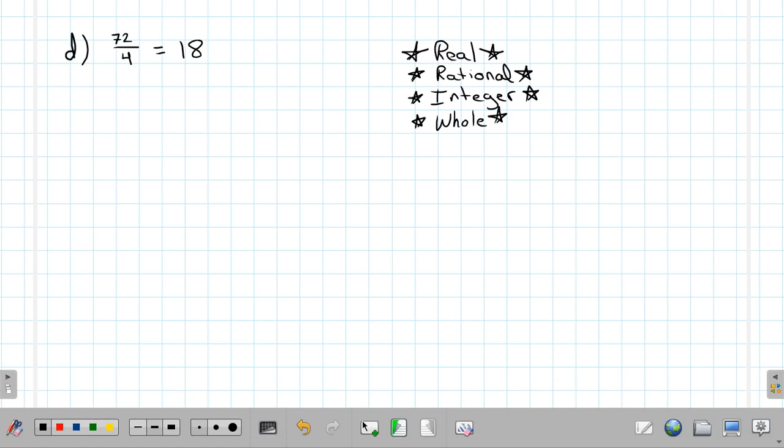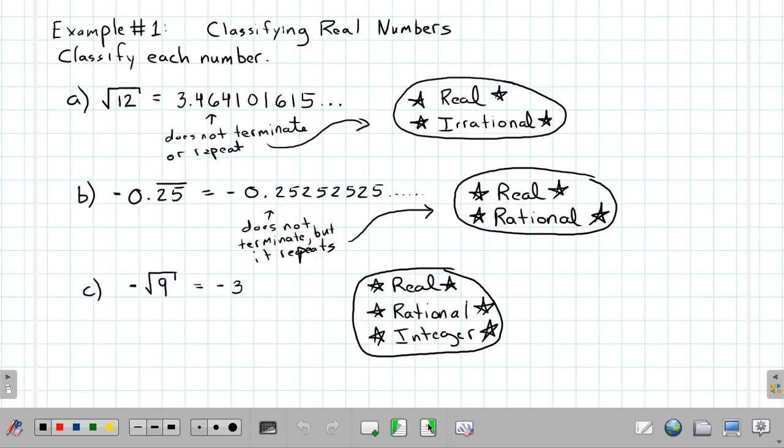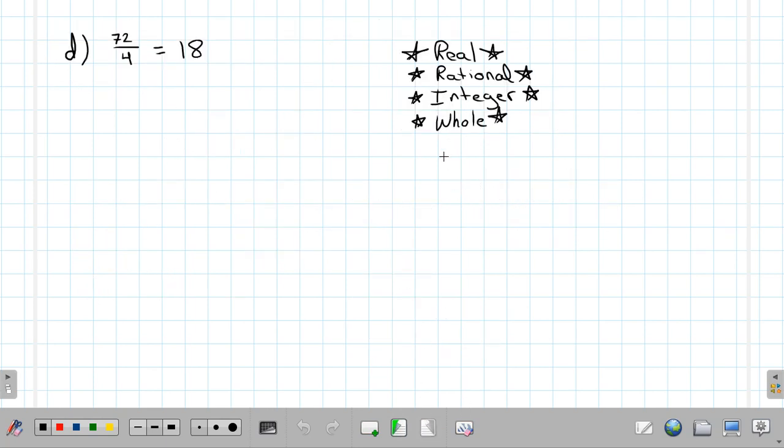And then the last thing we need to check, well, is it a natural number? Well, natural numbers are also numbers you can count to. So, in this case, it's actually also a natural number. So actually, this type of number, so the number 18 and the number 12 and the numbers 2 and the number 57, okay, those are actually all examples of numbers that are all real, rational, integer, whole, and natural, okay?